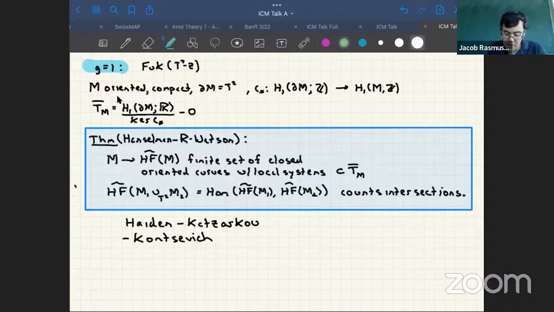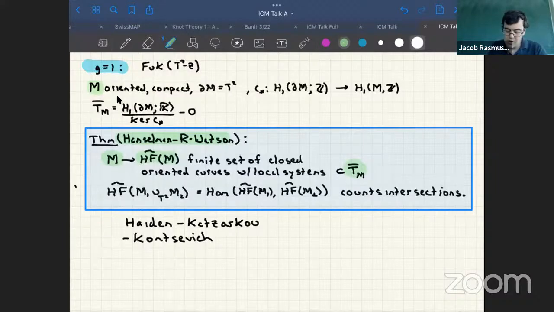A theorem that I proved with Jonathan Hanselman and Liam Watson is that there's a well-defined invariant that takes a manifold M like this and assigns to it an object of this Fukaya category, which we'll still call HF hat of M. We can explicitly think about it as a finite set of closed oriented curves equipped with some local systems inside this covering space.